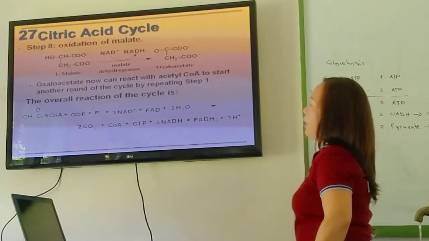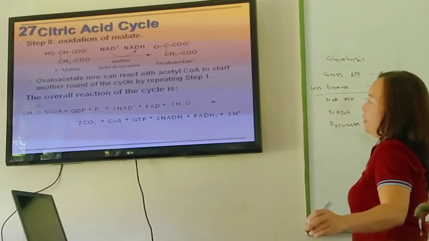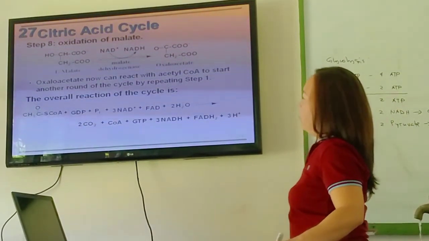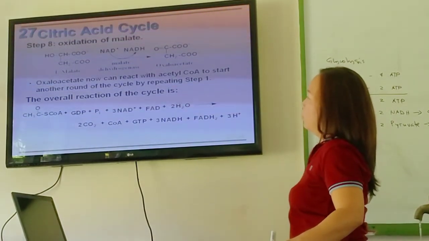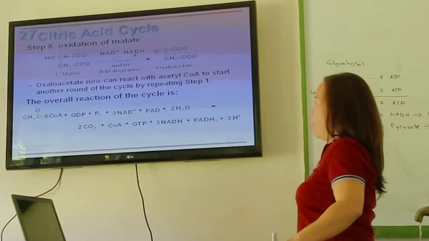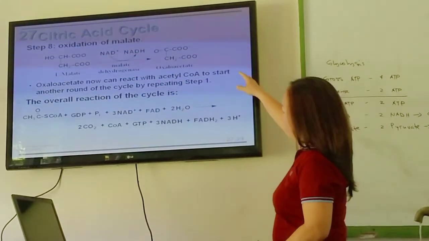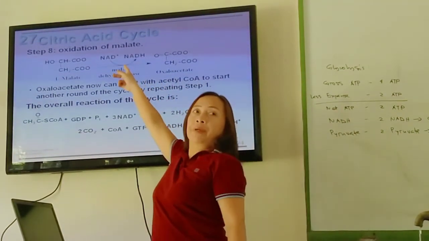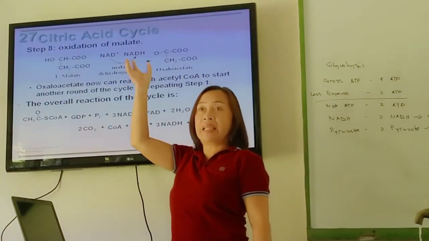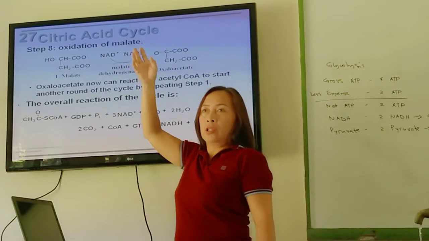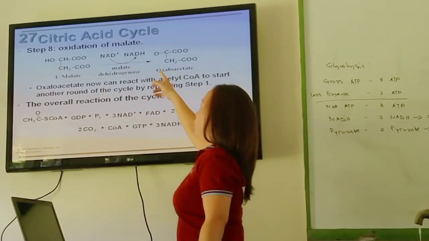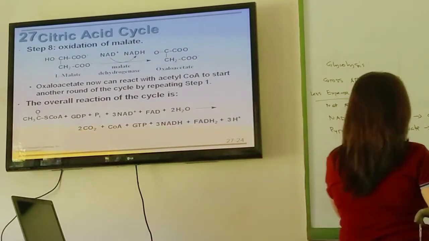Then step 8 is the oxidation of malate. So malate is converted into oxaloacetate. Of course, we have here the release again of electrons, which are trapped by the NAD. Nicotinamide adenine dinucleotide is now reduced. So we have here another NADH.